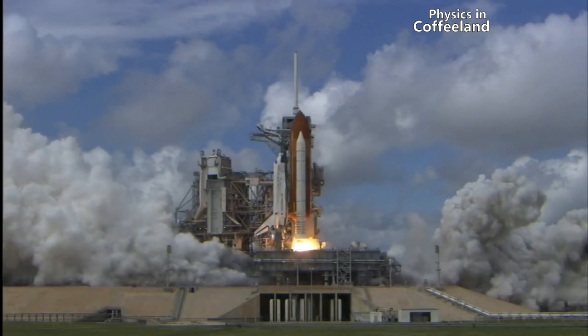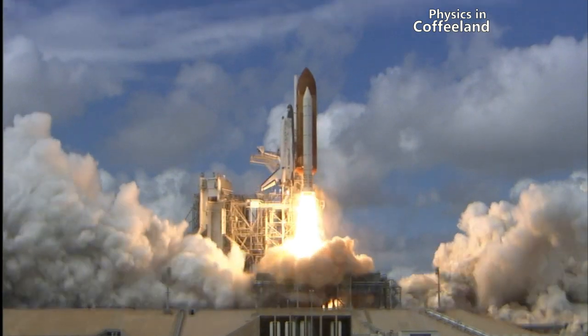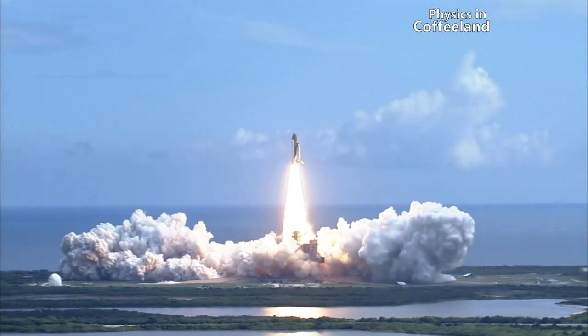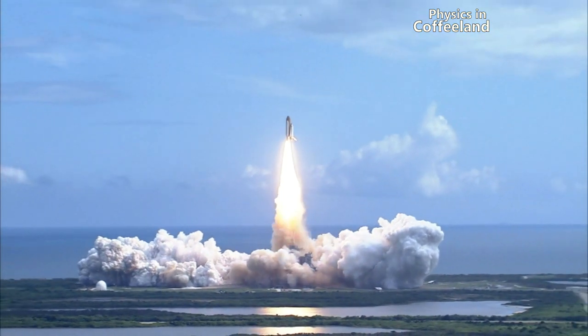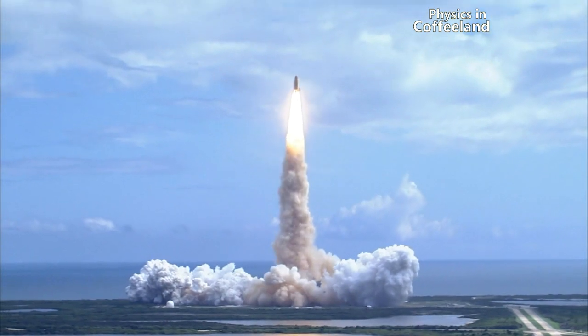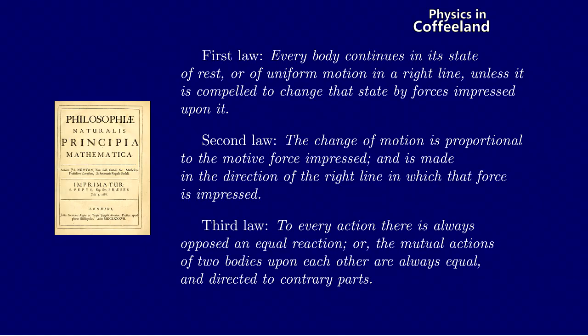The hot exhaust gases exert a force on the rocket, accelerating it forward. In return, the rocket exerts a force on the gases, further pushing them away from the rocket. These are the three laws of motion as enshrined by Newton in his Principia. These principles serve as the foundation of classical mechanics.